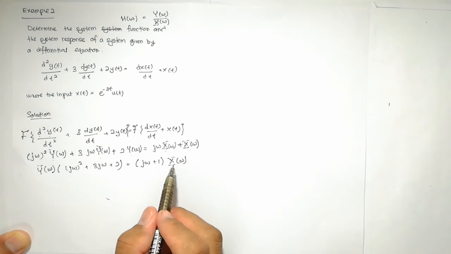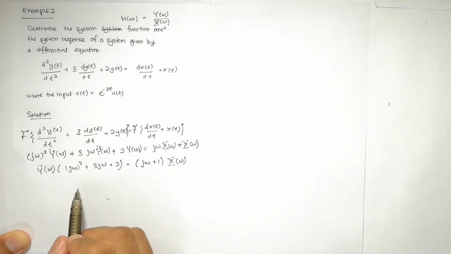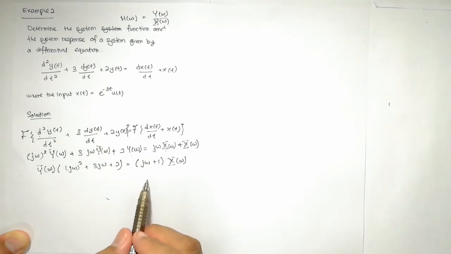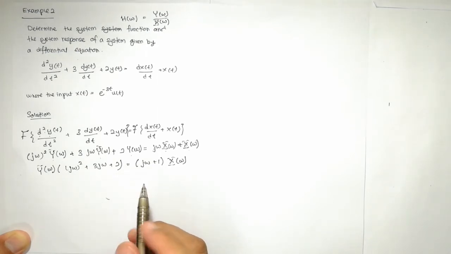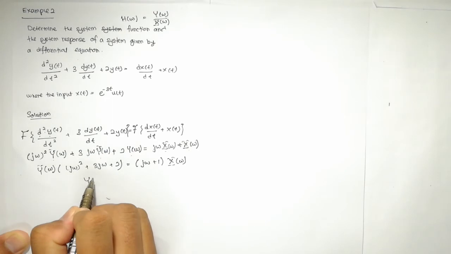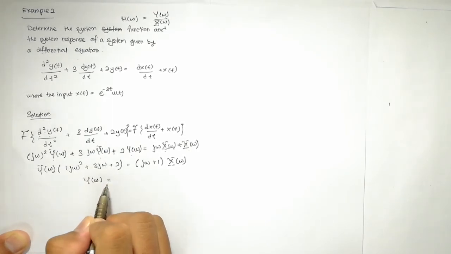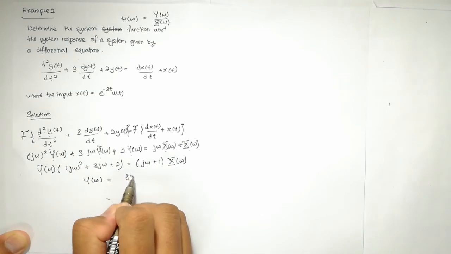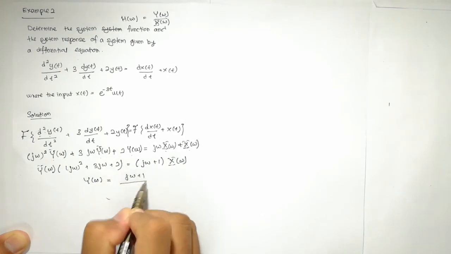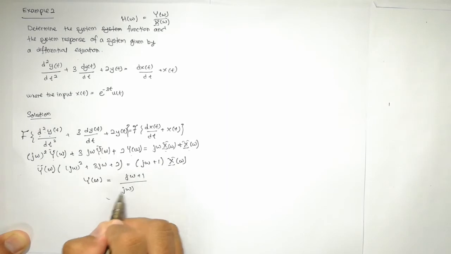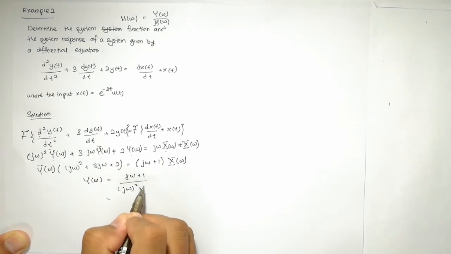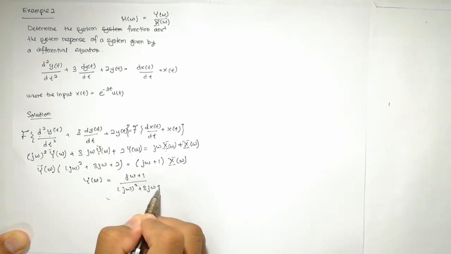So what we need to do is transfer the bracket on the left to the right side of the equation, and X omega to the left. So we have Y omega over X omega equal to (j omega plus 1) divided by ((j omega) squared plus 3j omega plus 2).